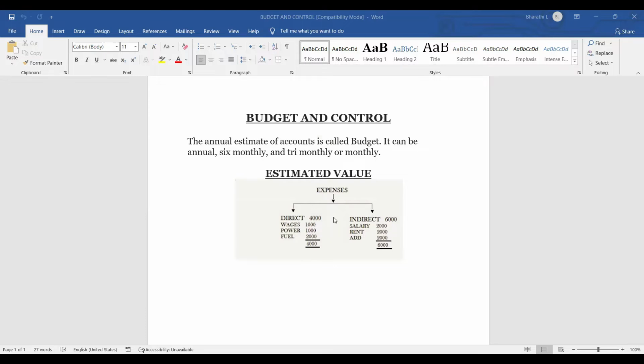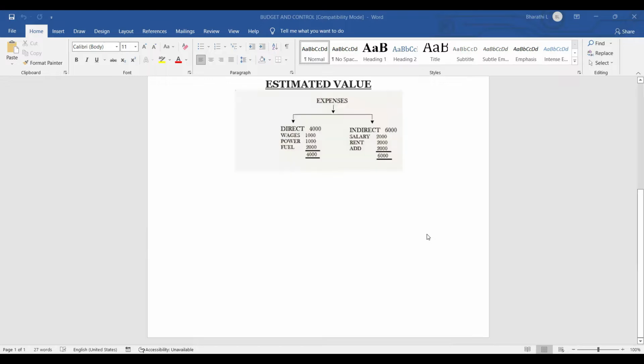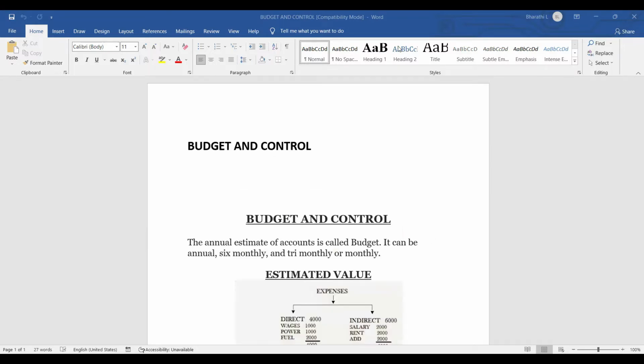Direct expenses 4,000, with wages 1,000, power 1,000, fuel 2,000. Here I estimated indirect expenses, salary, rent and advance. But it is possible to estimate our sales and other expenses and incomes also. Okay, I will share the other example.